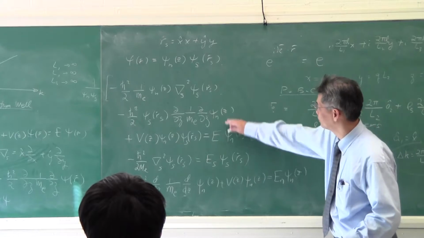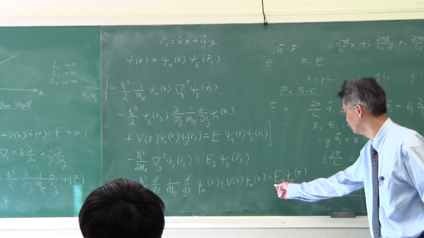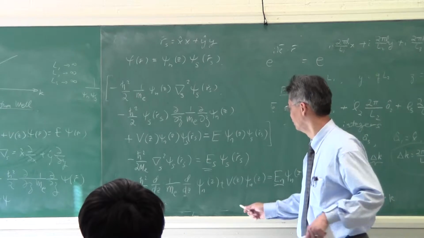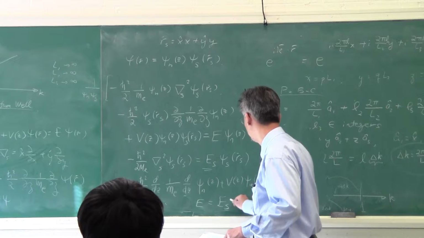You can reconstruct the above equation by just solving these two equations, but the eigenvalues are different. One is E n, one is E s. So finally you have to set E equal to E s plus E n.